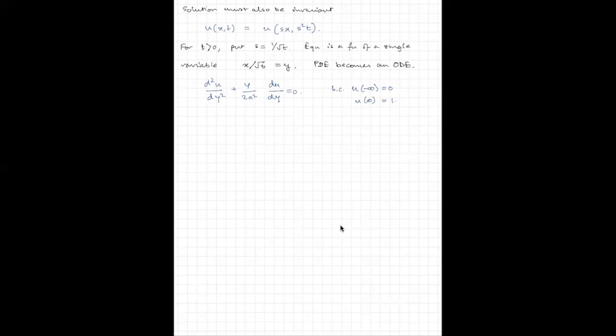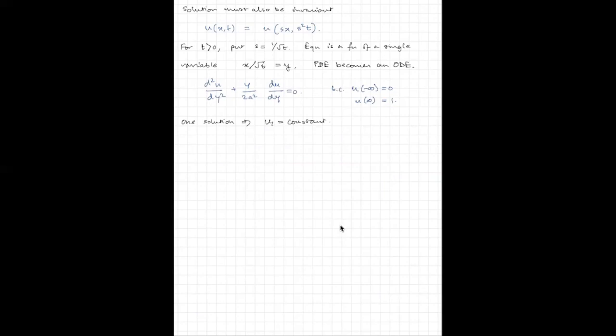So one solution to this equation is just u1 equal to constant, and once you do that, the other solution is immediately obtainable.